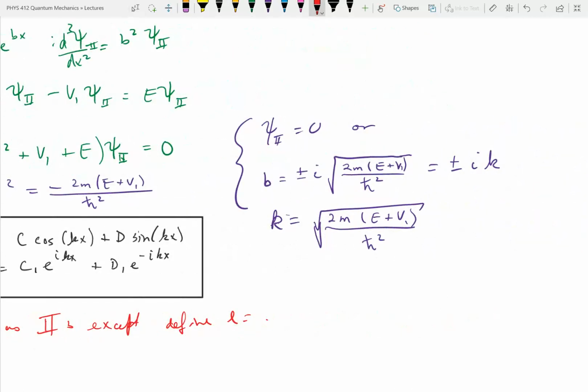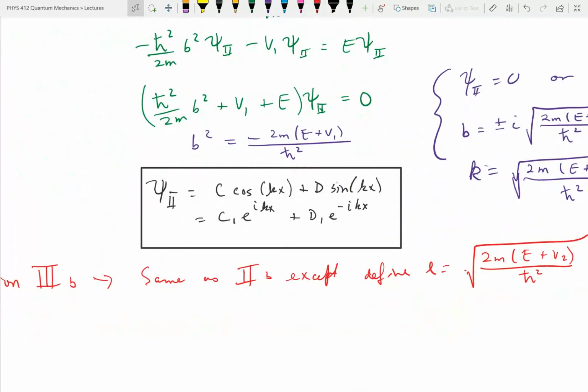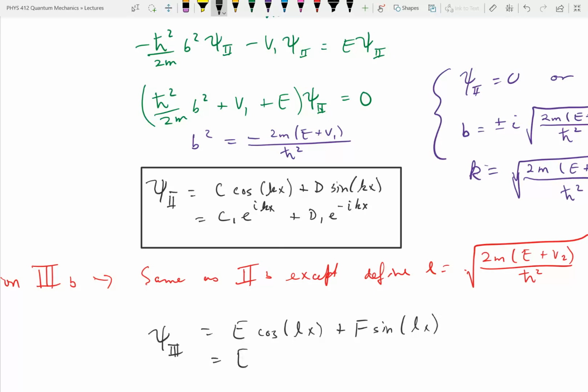So now I'll define L is equal to square root of 2m E plus V2 over h bar squared. And we have that for our solution.